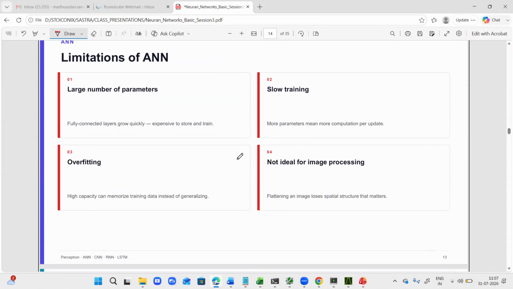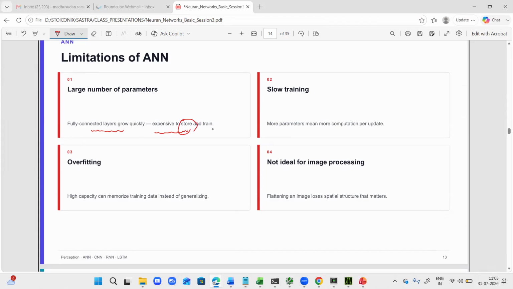Does ANN solve all problems, or can it be applied for all kinds of predictions? No. The problem is that the neurons are all fully connected. So the deeper the number of hidden layers gets, the more expensive it becomes to train the weights.